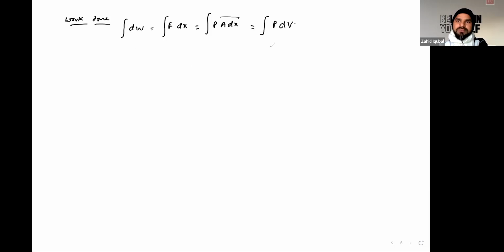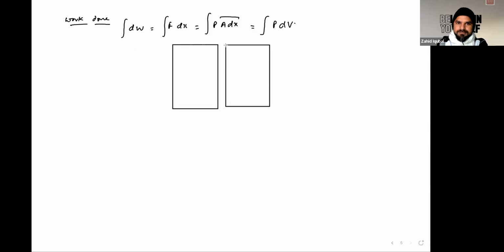So in general, I'm defining how to calculate work done and what its sign convention will be. Suppose we have a piston initially at this point.